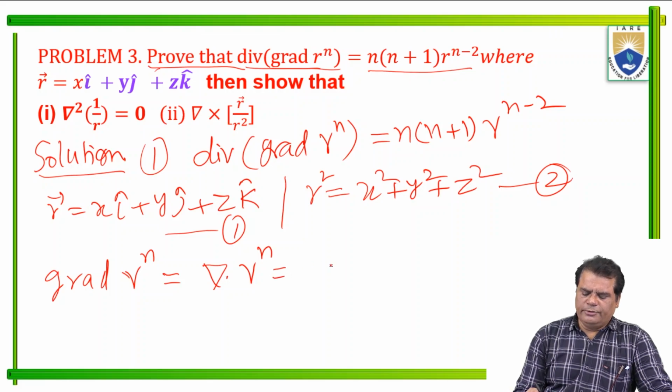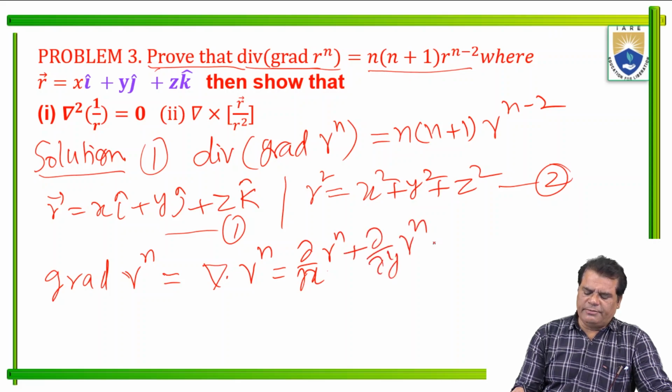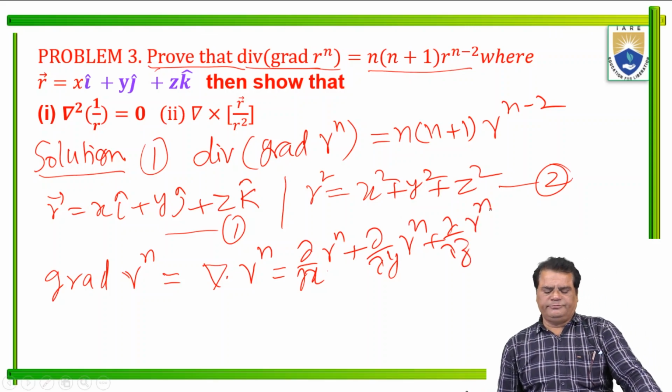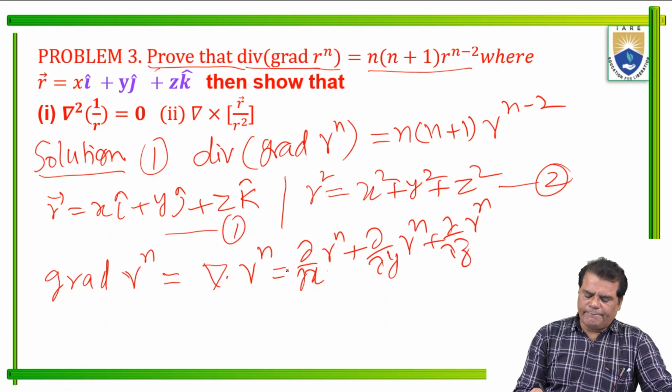Del r to the power n means we have dou over dou x of r to the power n, plus dou over dou y of r to the power n, plus dou over dou z of r to the power n, with i and j and k.